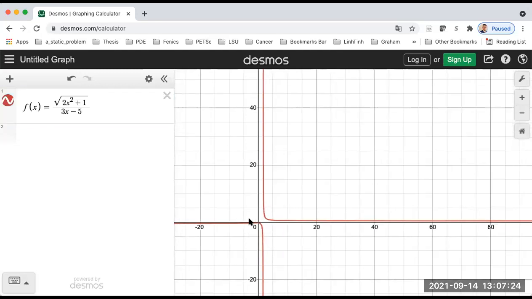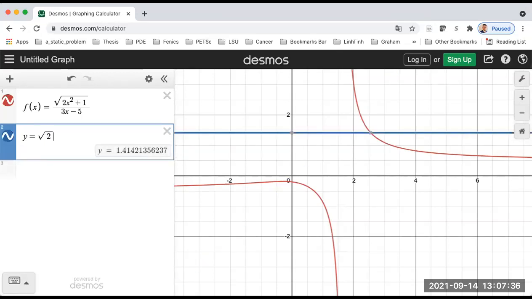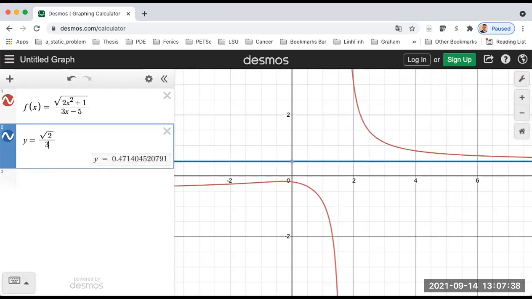See it? And here y is equal to square root of 2/3. You see this horizontal asymptote?